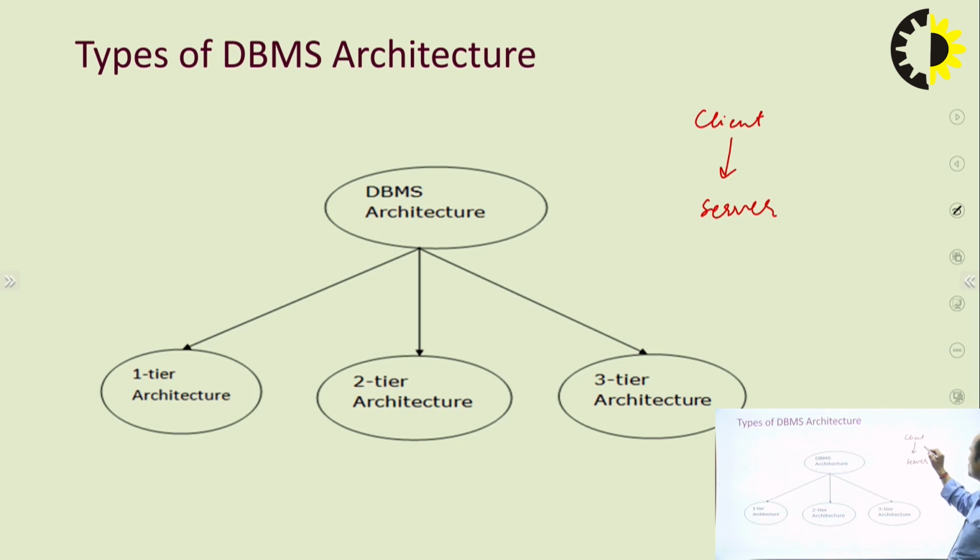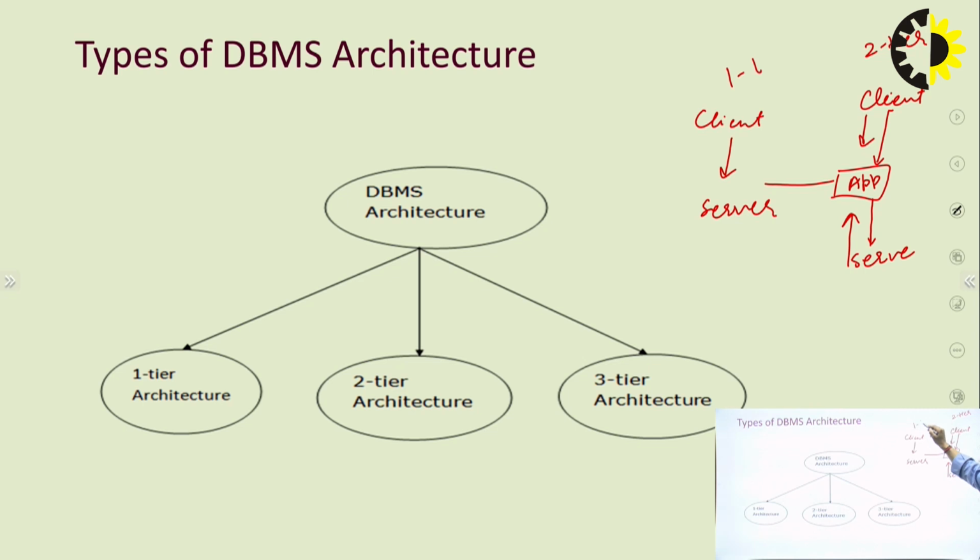If we introduce some interface between client and server, so that the client sends the request to the application, and then the application sends the request to the server, this is called 2 tier architecture. This is 1 tier architecture. So it is called 1 tier, 2 tier and 3 tier.